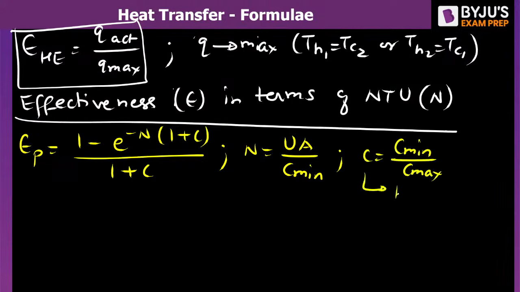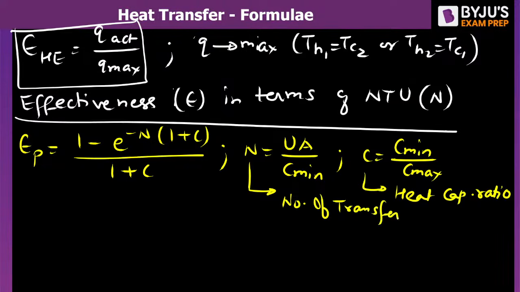This is called the heat capacity ratio, and N is NTU, number of transfer units, UA by C minimum, that is for parallel flow heat exchanger.